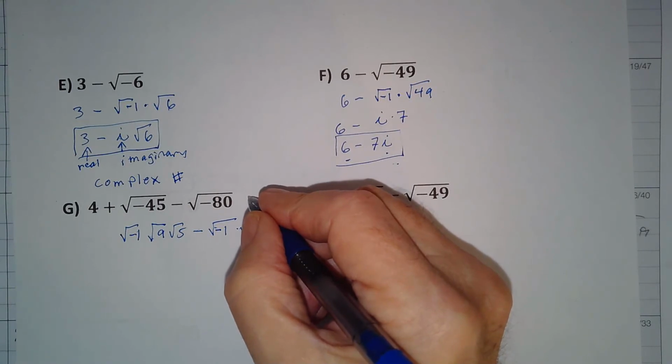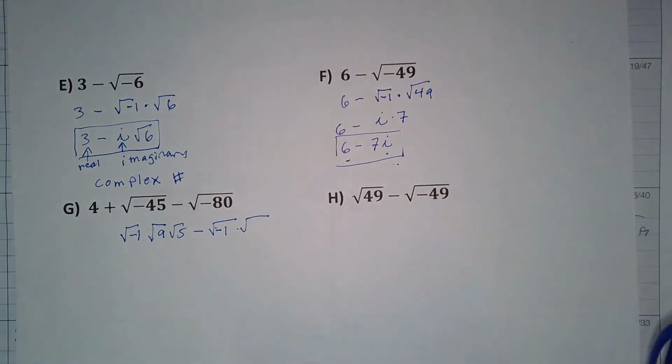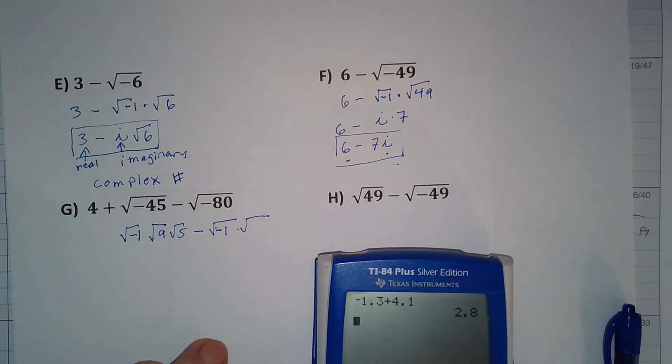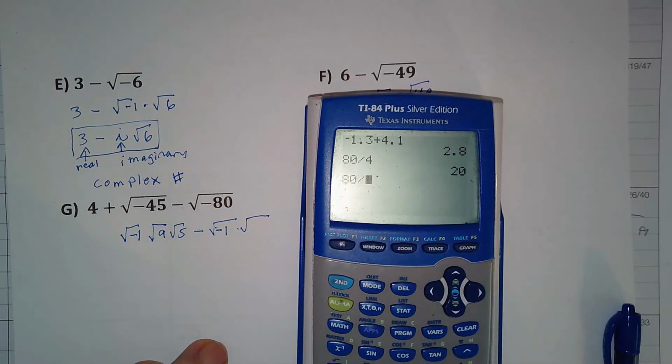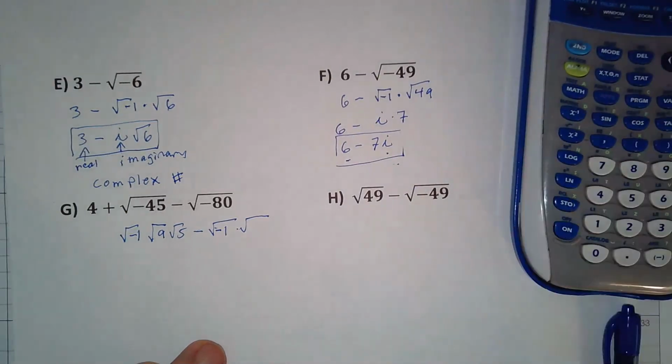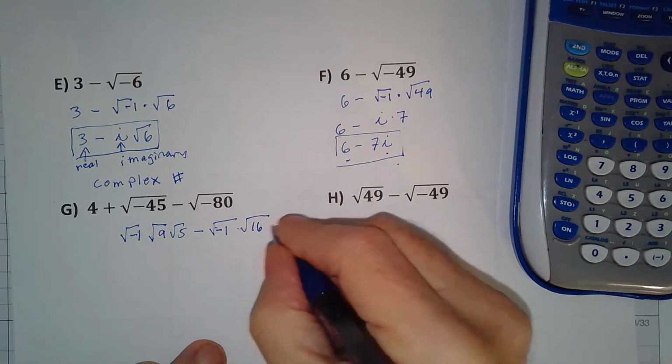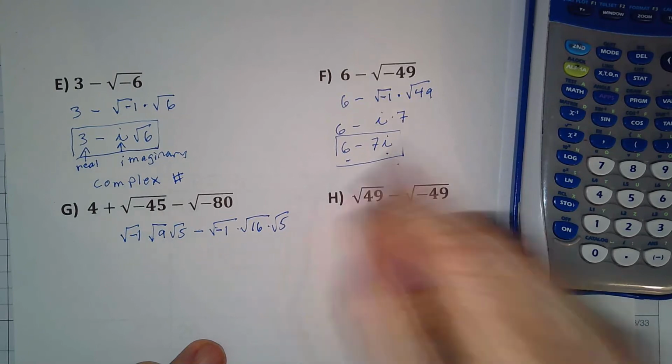Can we divide by 4? 80 divided by 4 is 20, which is 5 times 4. So 4 times 4 is 16. If we take 80 and divide it by 16, we get 5. So 16 times 5 equals 80. Square root of 16 times the square root of 5, right?